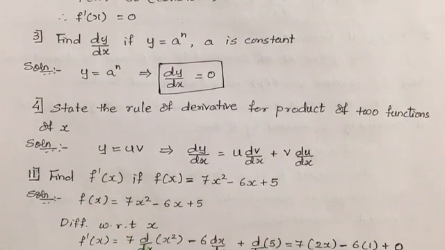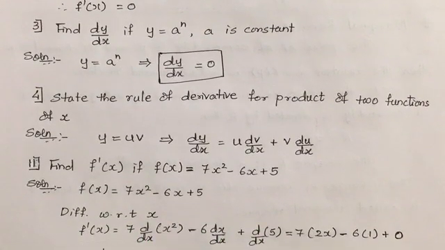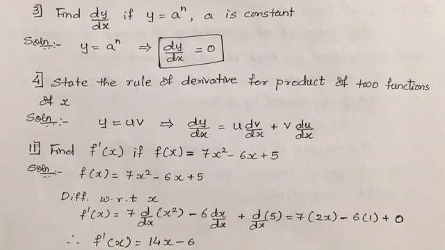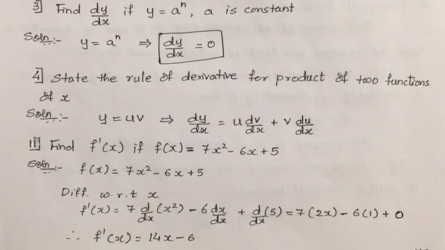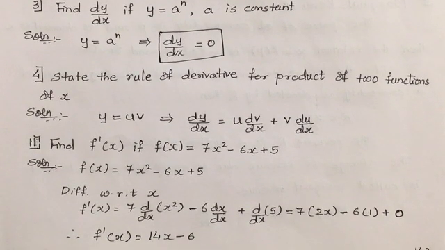Now question number 11. Given is, find f dash if f(x) is equal to 7x square minus 6x plus 5.